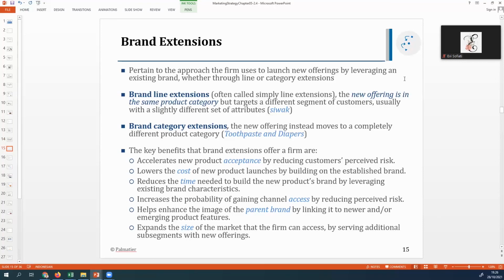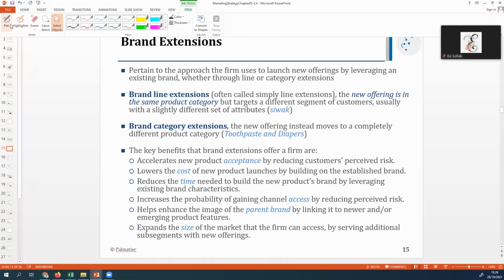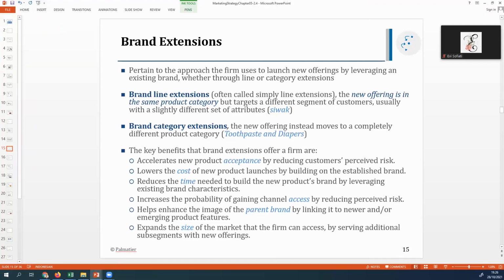And then there is what we call brand extension. In brand extension, there are three kinds of brand extension. First is the brand line extension. So let's say Pepsodent. Pepsodent would like to conduct a brand line extension using another flavor like siwak. So Pepsodent with the taste of siwak. So that is called a brand line extension. A new offering in the same product category, but with slightly different attributes.